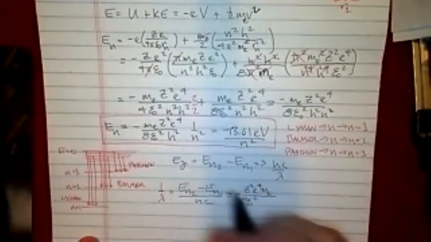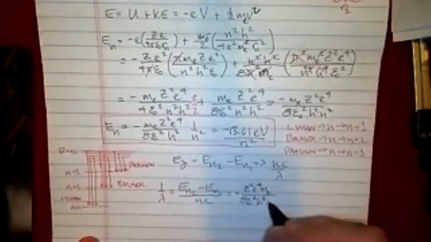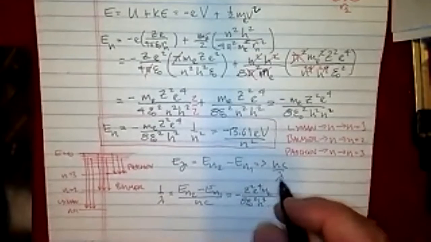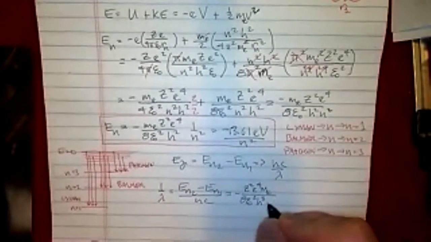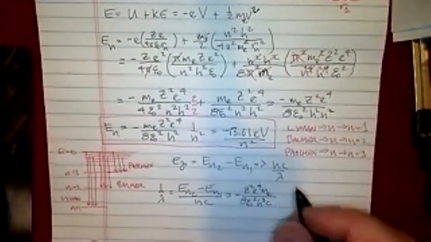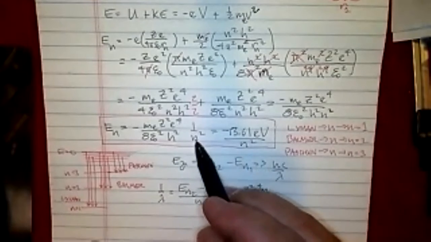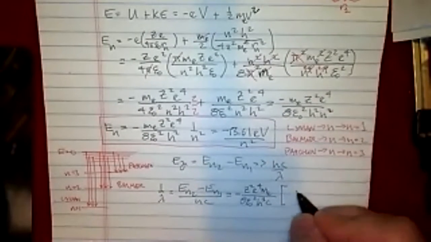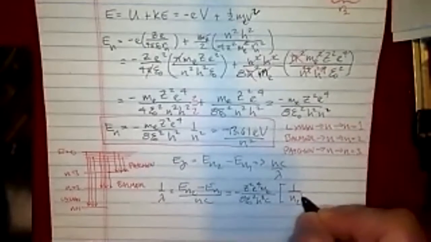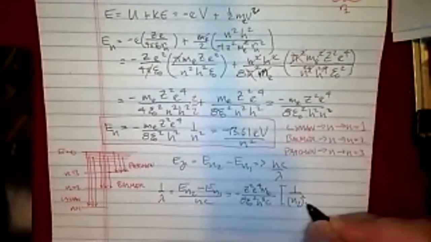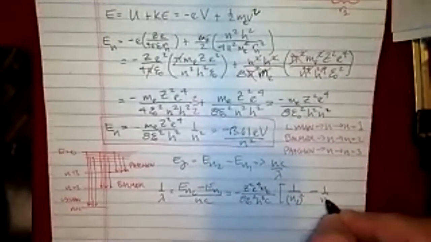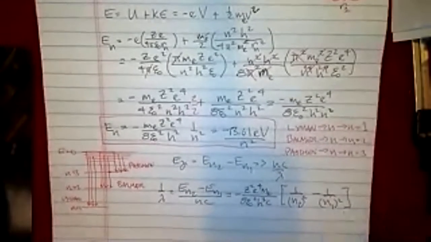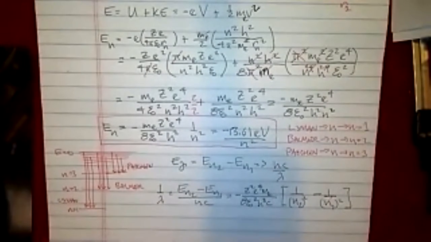Now instead of h squared, it's going to be h cubed, because I have to divide by h. And I'm also going to add a c in there, which I didn't have before. And then all I have left is n squared. So now I'll put final minus initial: 1 over n2 squared minus 1 over n1 squared. And lo and behold, that's the Rydberg formula.